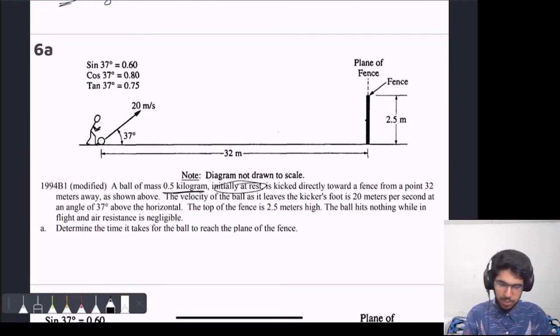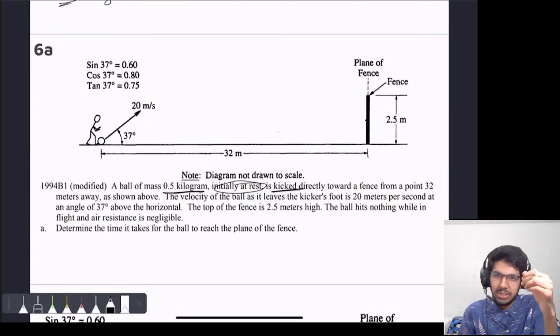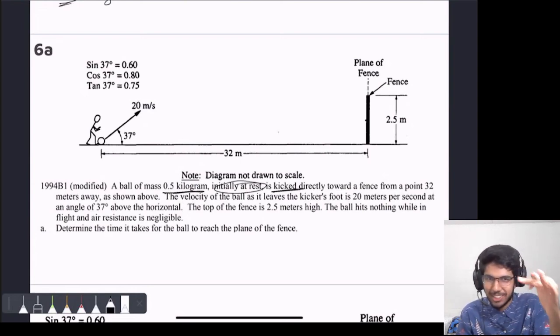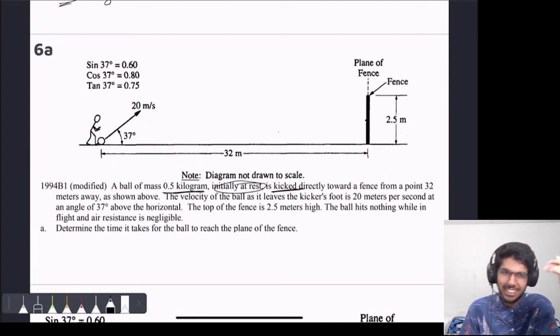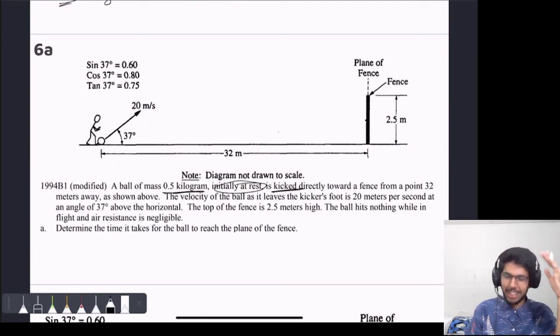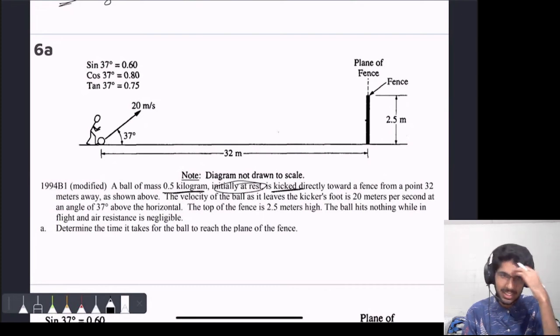It doesn't matter too much, because now we know that it's kicked, right? So the initial velocity we care about is the initial velocity after the kick. The ball can just be sitting there for who knows how long. It's just when Ronaldo comes up and kicks the ball, or Messi comes up and kicks the ball, that we actually care what the initial velocity of it is.